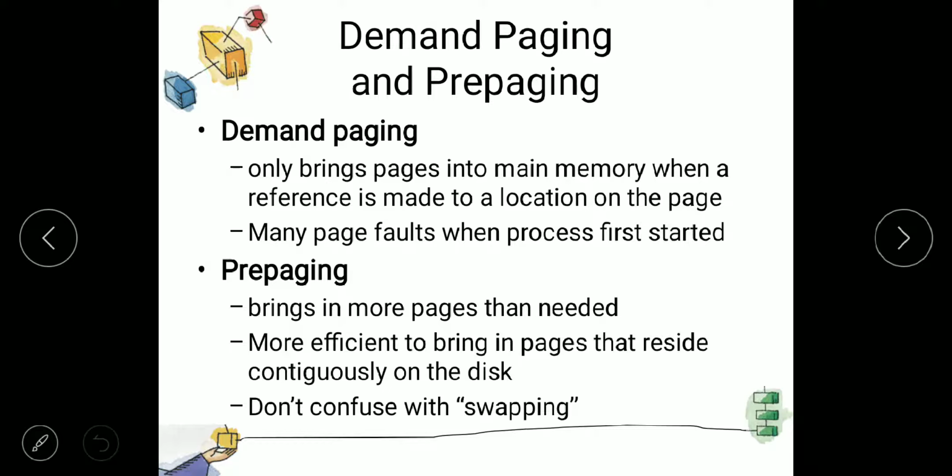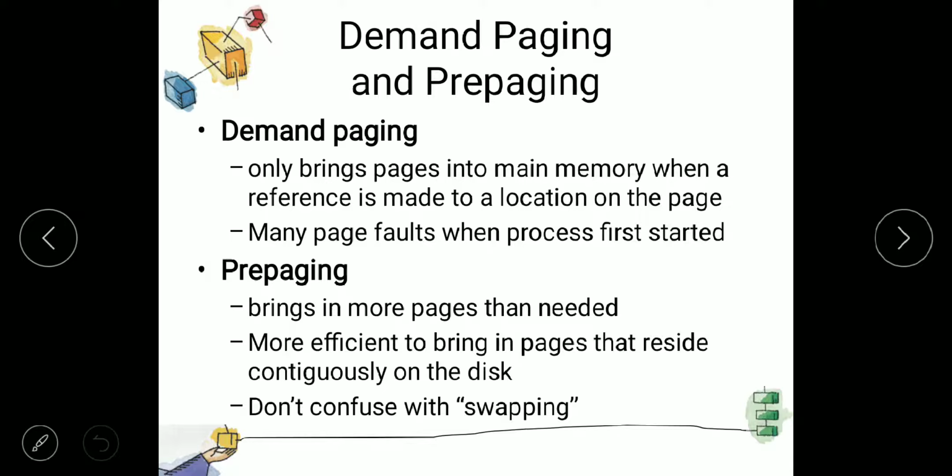So here is the explanation for what is demand and pre-paging. Demand paging only brings pages into the main memory when a reference is made to a location on the page. If you do so, initially you can find that there are a lot of page faults, because only upon demand are we going to move pages from the secondary to main memory.